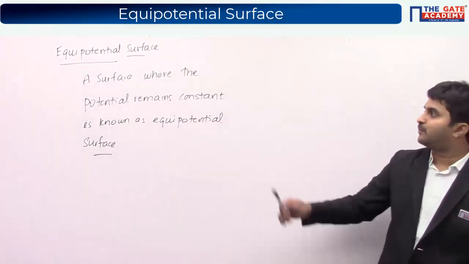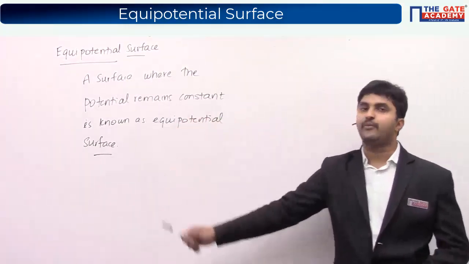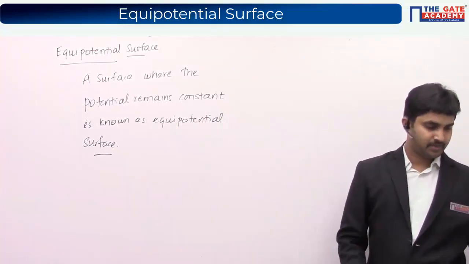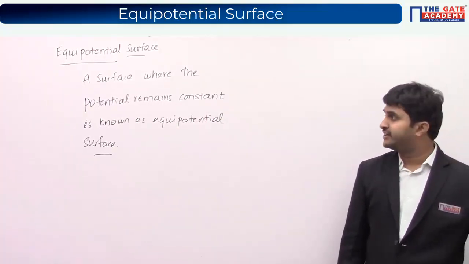A surface where the potential remains constant is known as an equipotential surface. Is that clear?